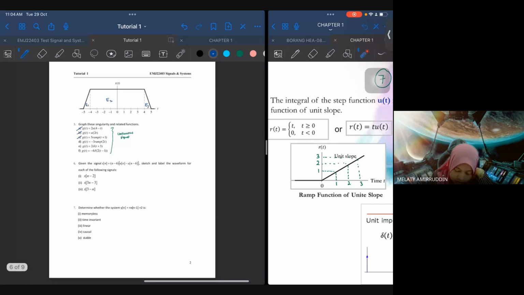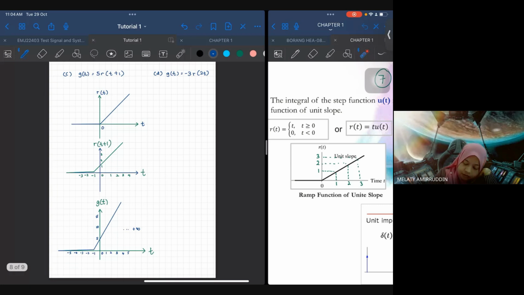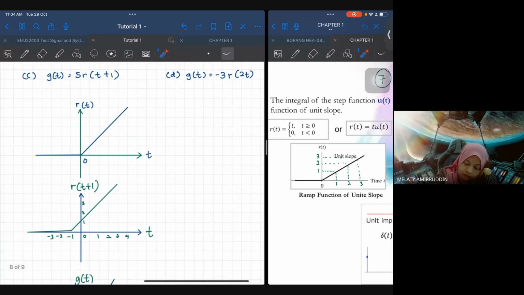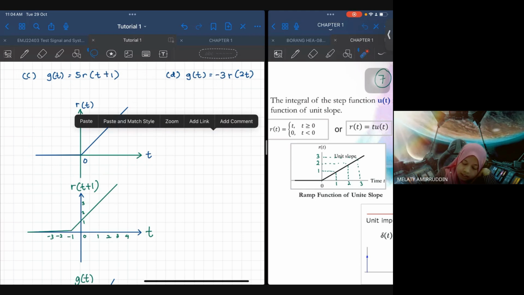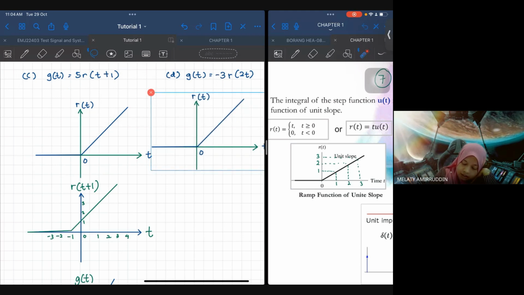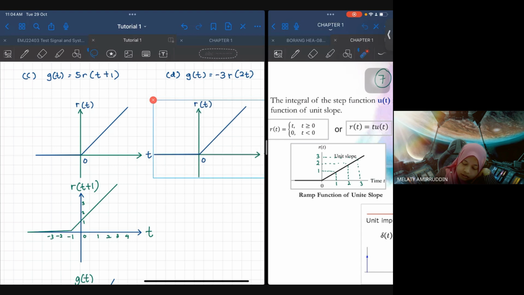Is it right? 2T. -3 2T. Okay, the original one, you already have the original signal here. This is the original signal, copy. And then I paste it here. Okay, this is the original signal.